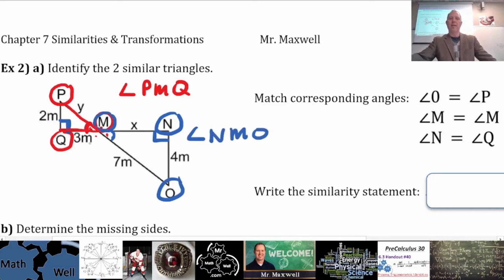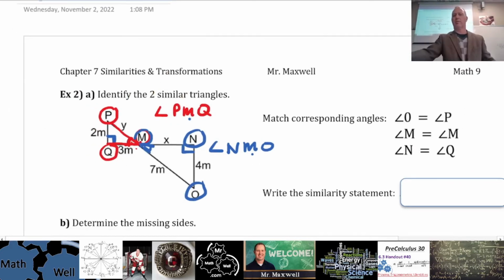So the M is the middle letter, and that's the vertex where the angle is. And M over here, middle letter, that's where the vertex is. So have you ever seen that before? Have you ever seen angles listed like that? Okay, I'm seeing some heads nod. That would be better than this over here, angle M equals angle M, because that's two different angles, but it shows like the same angle, so I don't really like that at all.